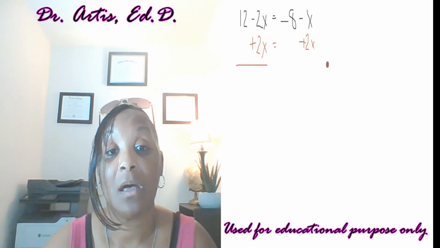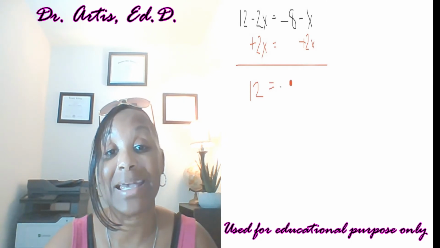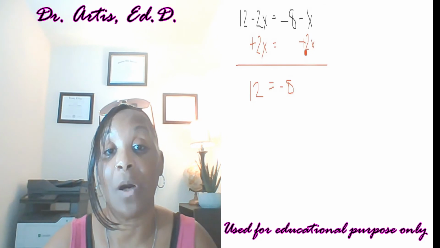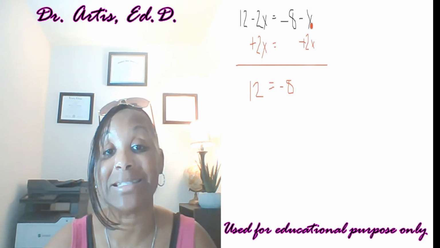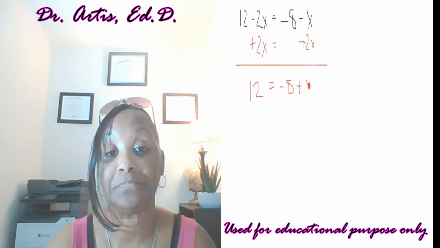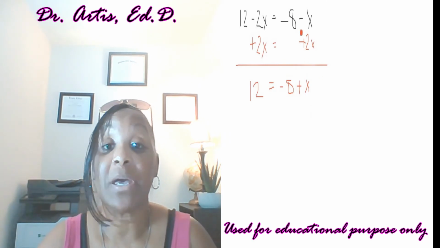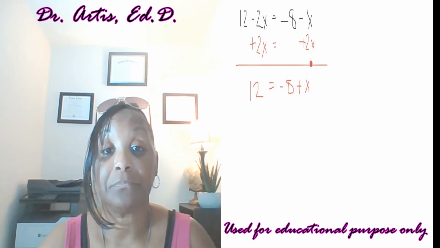Okay, so by doing that, that's going to leave me with 12 equals a negative 8, and now I have a positive 2x, a negative x. That's going to give me a positive x. Okay? Because we're going to subtract.